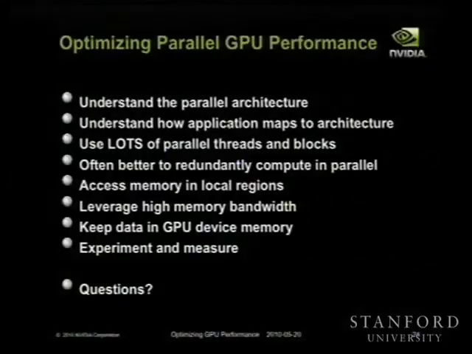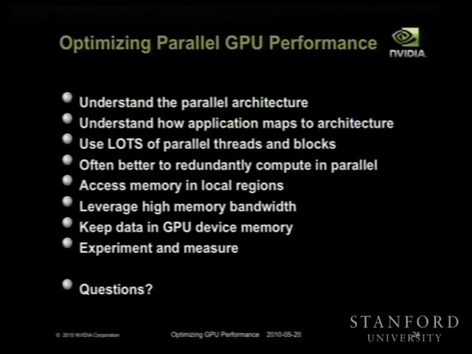So just to wrap up, as the last slide. I think the fundamental things are to really understand the parallelism in the architecture, understand how your application software maps onto the architecture, and then the key is just to use lots of parallel threads and parallel blocks, and try to keep those addresses local so you don't scatter your addresses all over the place.